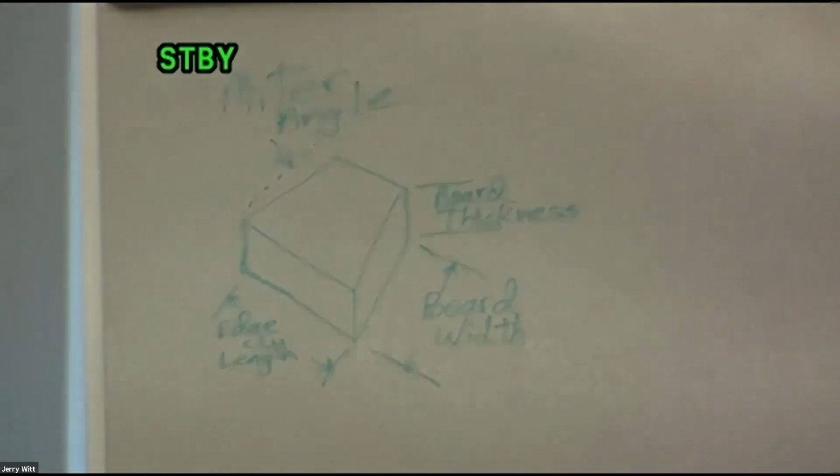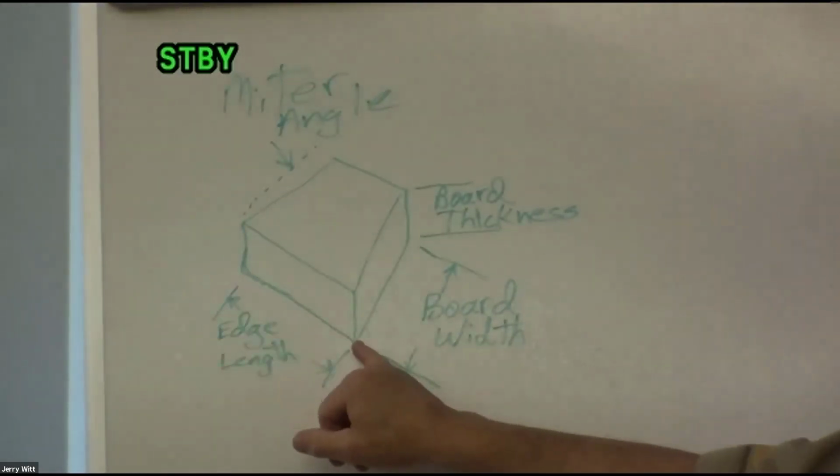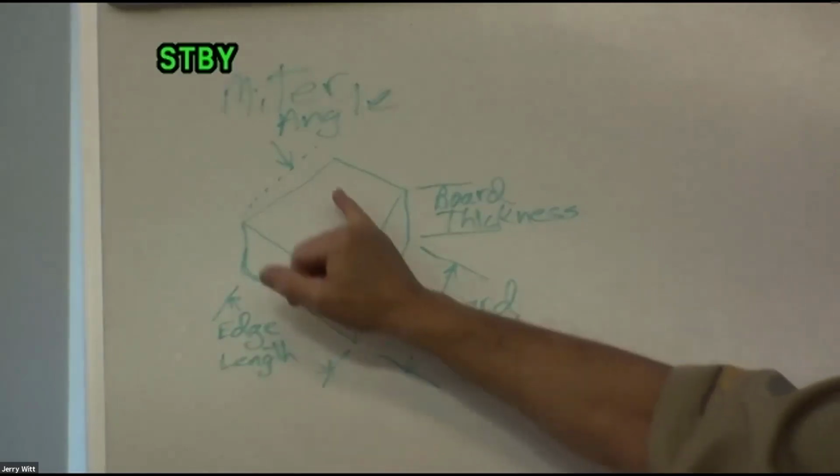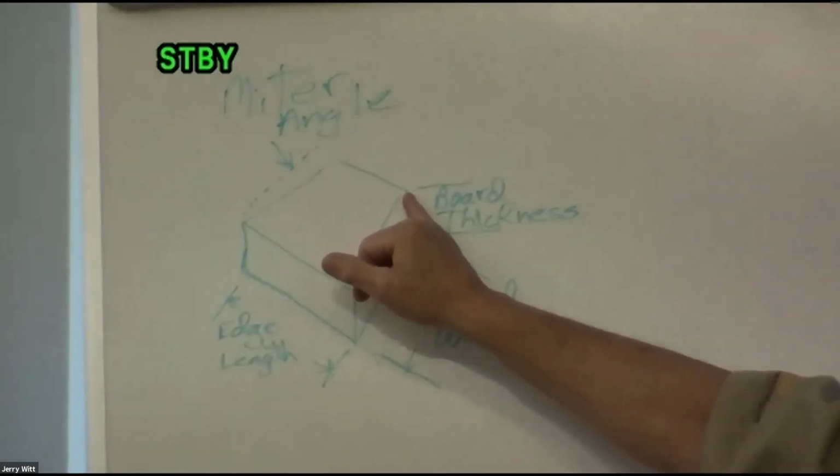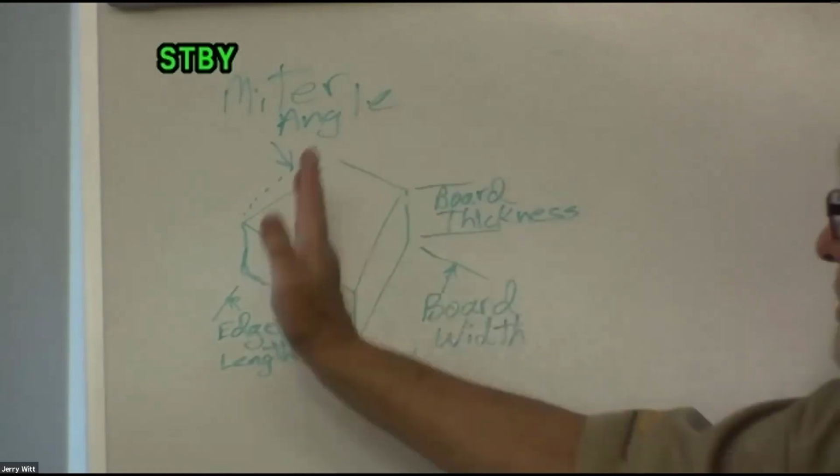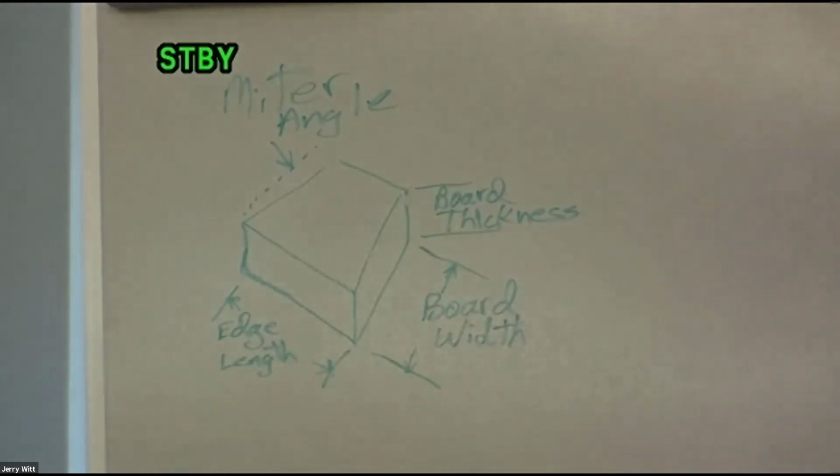It's got a longer dimension, of course, in the front, and a shorter one in the back. And that angle is determined by the number of segments that you want to have in your piece. 12 segments happens to work out to a 15-degree angle that you have to cut your segments at.